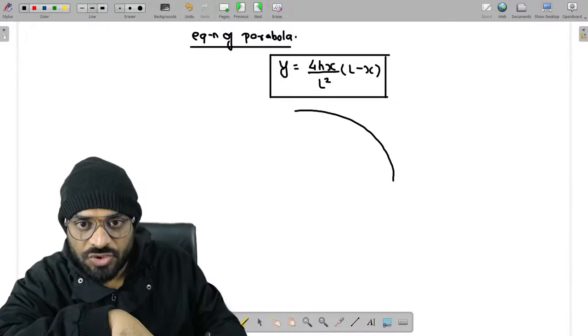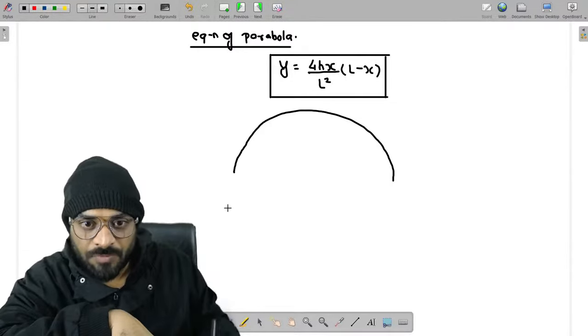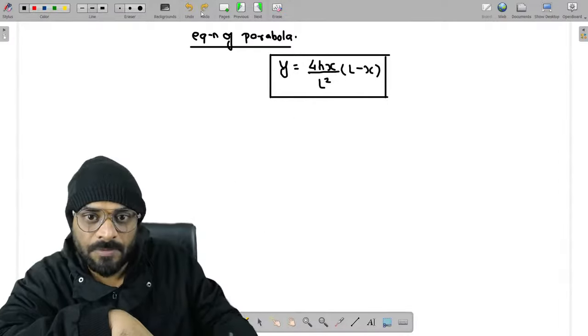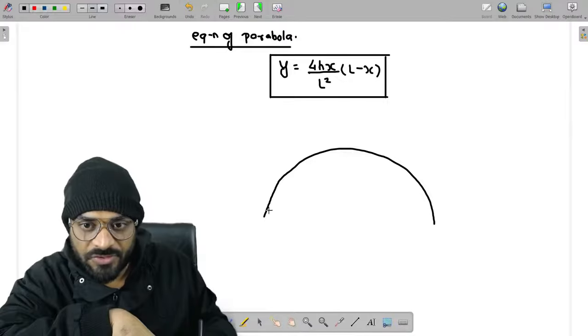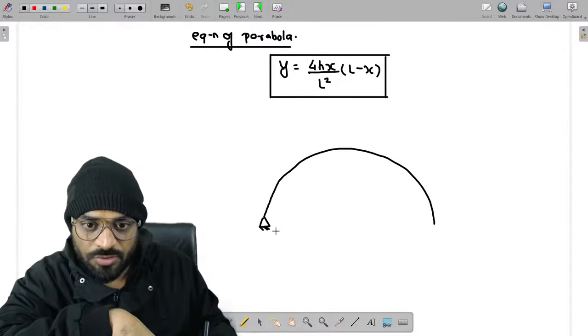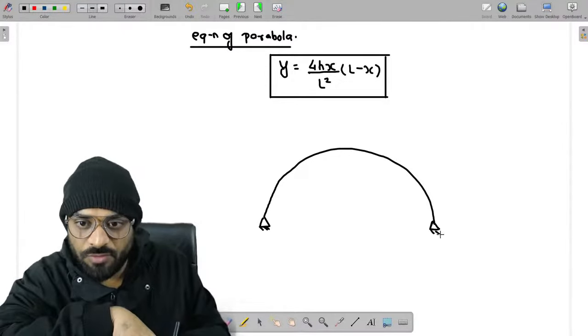Now guys, let us consider this is our arch. I need to find out the value of normal thrust and the radial shear at a distance of x.